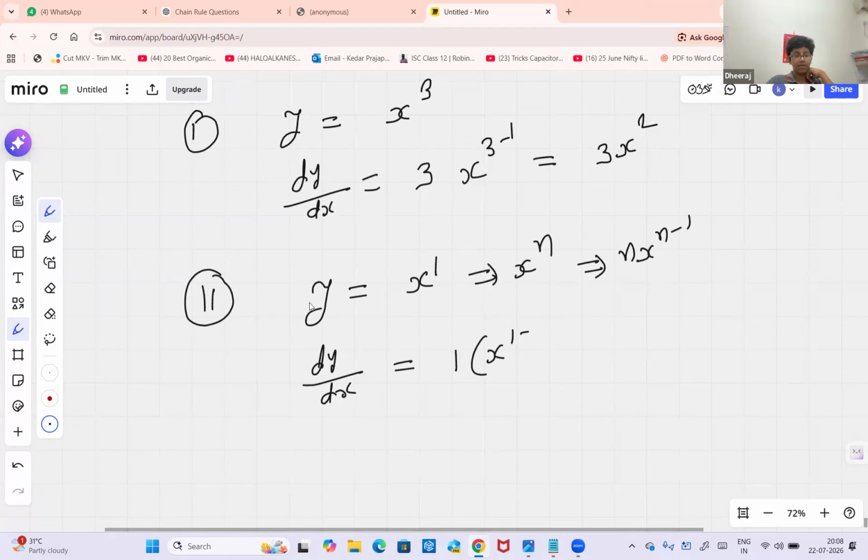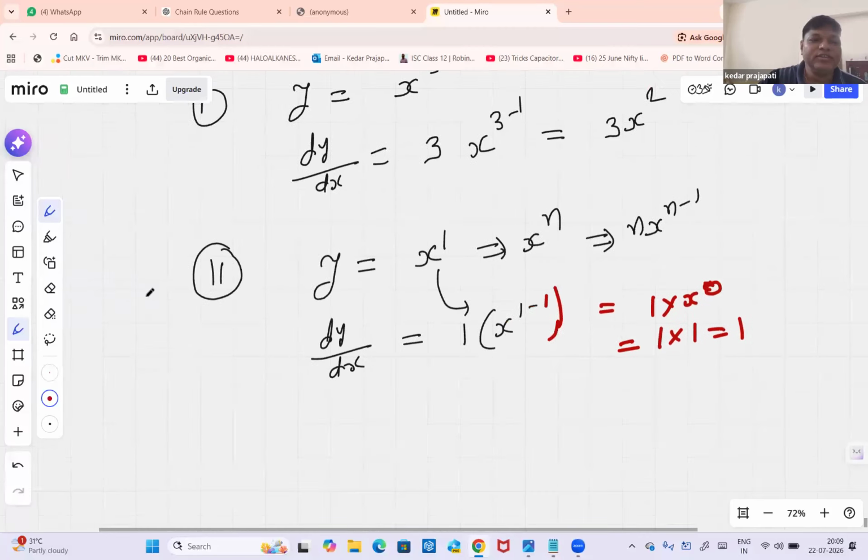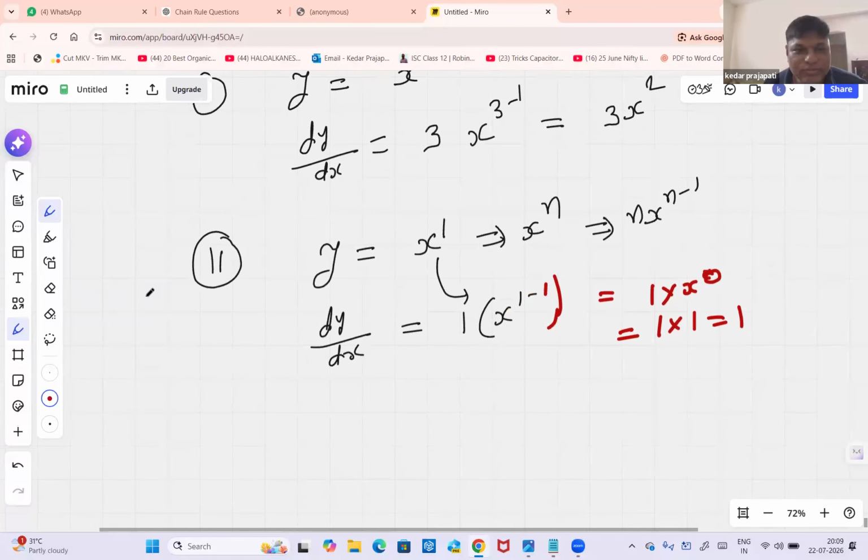So now I'm differentiating this: 1 into x to the power 1 minus 1, which is nothing but 1 into x to the power 0. x to the power 0 is 1, so 1 into 1 equals 1. That's the reason these three things we should remember.